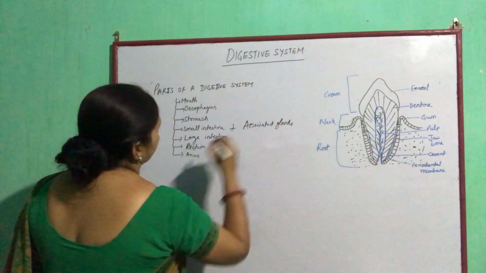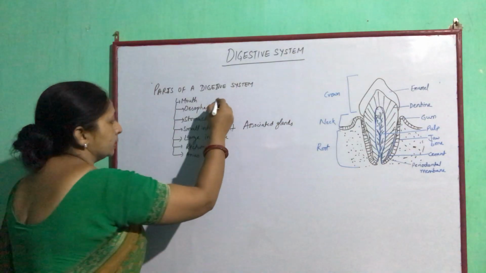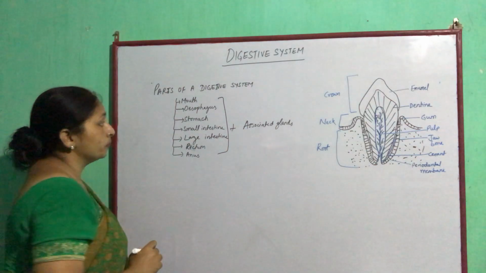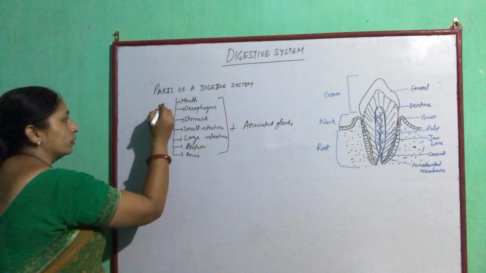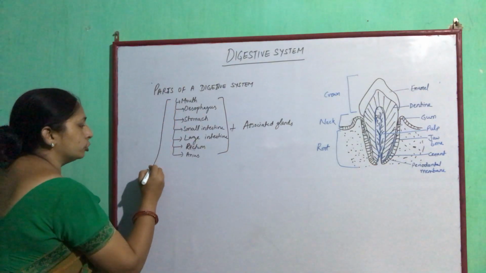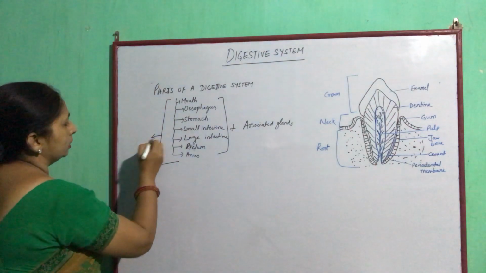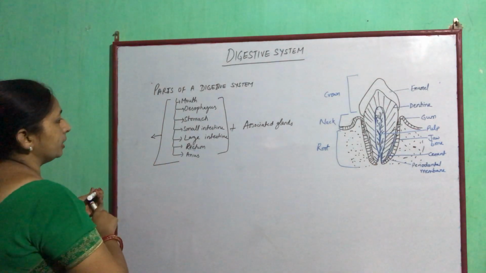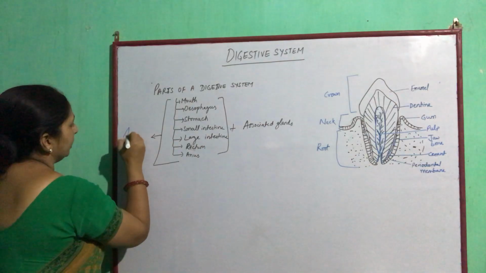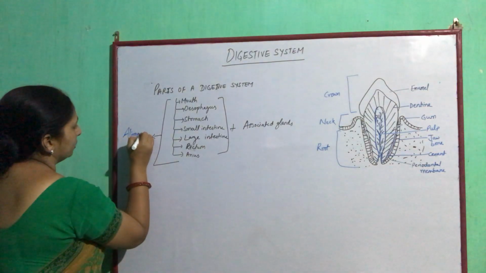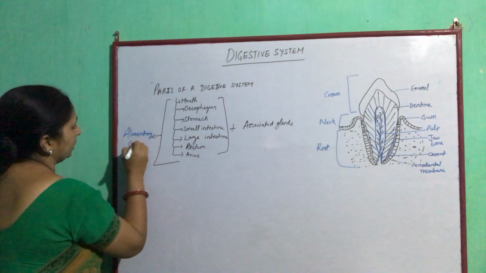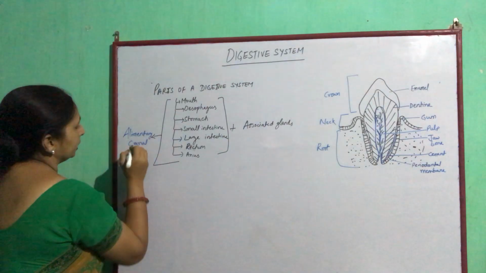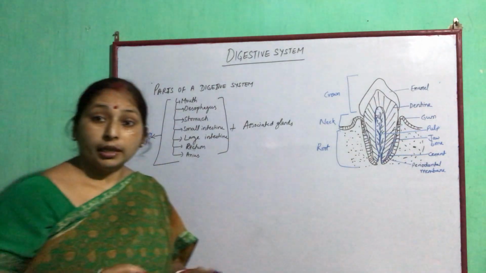Glands are part of this complete digestive system, and this tract, starting from the mouth to the anus, is termed the alimentary canal. It starts with the mouth and ends at the anus.